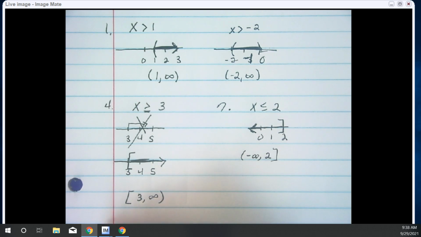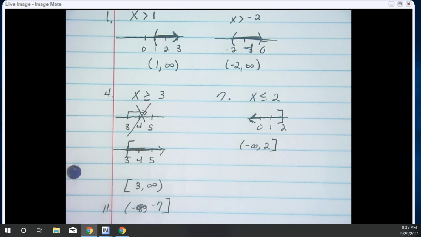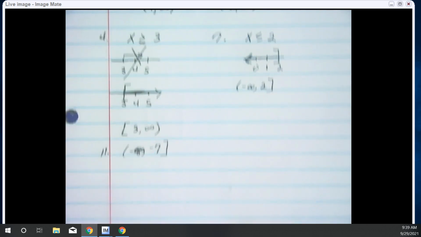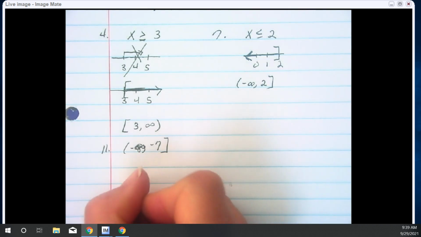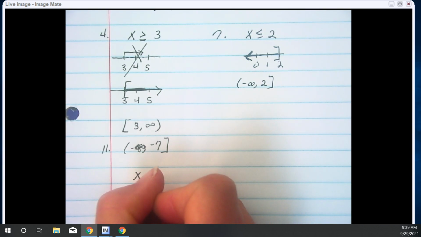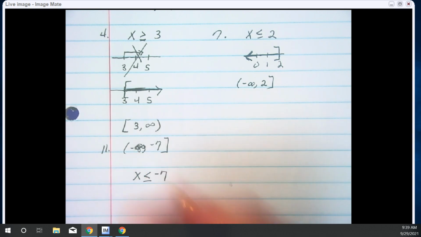If I have a problem that is written in interval notation, and that's not an 8, that's an infinity, what would my inequality look like? Negative infinity to -7 would look like what as an inequality? X is less than -7.